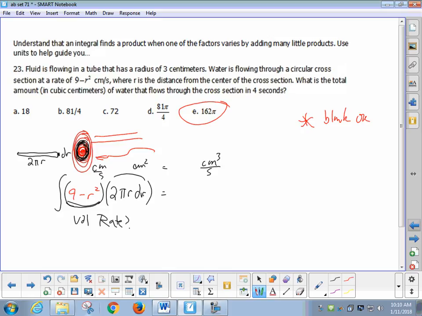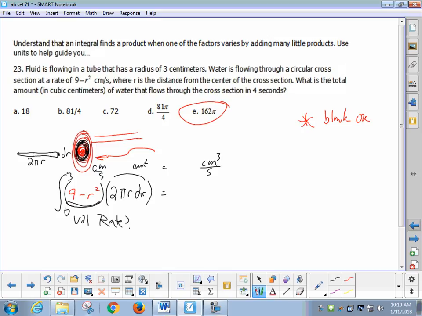I can see an argument for 0 to 3 because it's about the radius. I can see 0 to 4 because it's 4 seconds. Which one? 0 to 3, because it's the radius. You want the bounds for the radius. I thought for a minute this morning, do I need negative 3 to 3? But 0 to 3 covers all the rings.